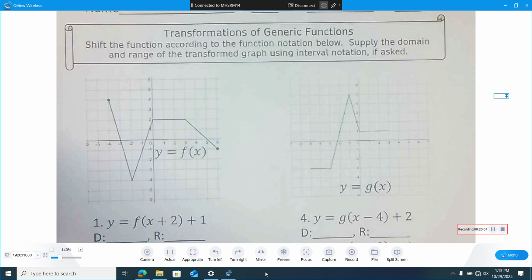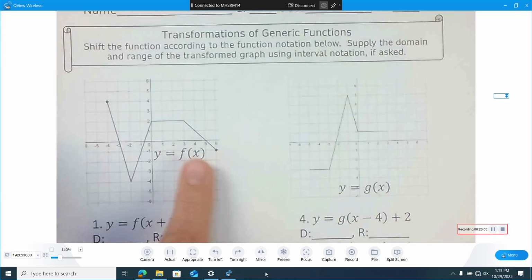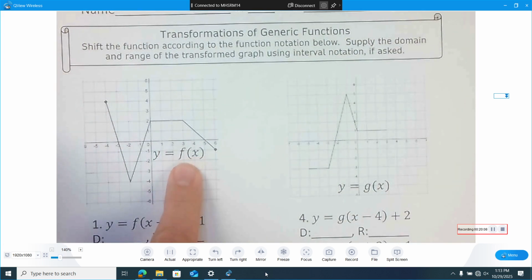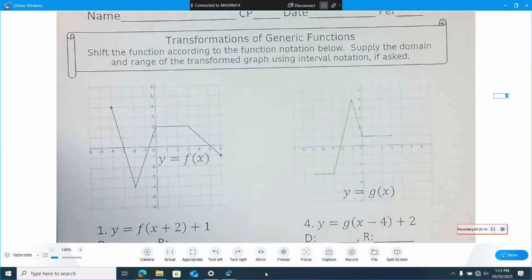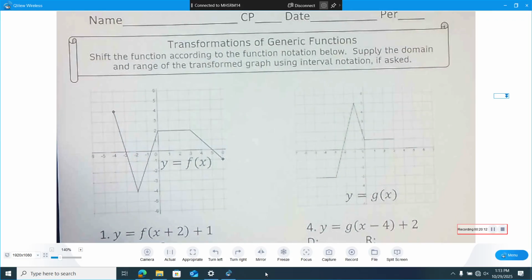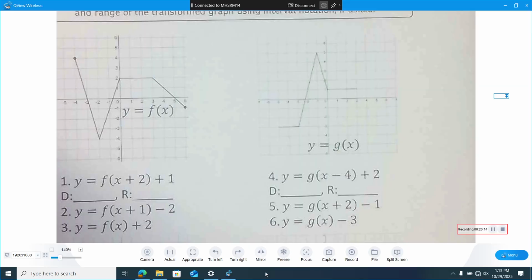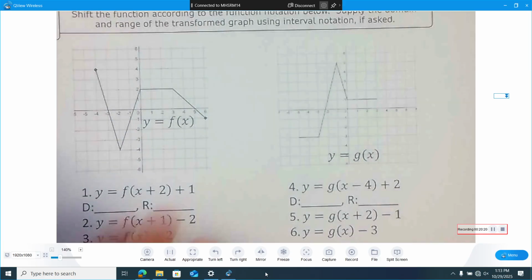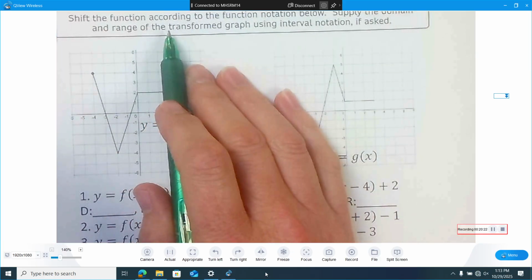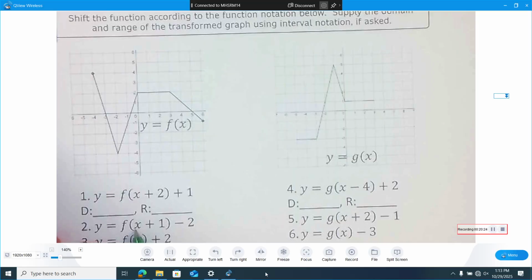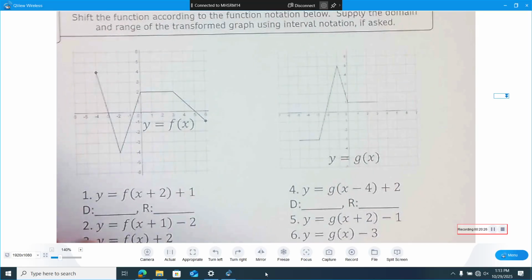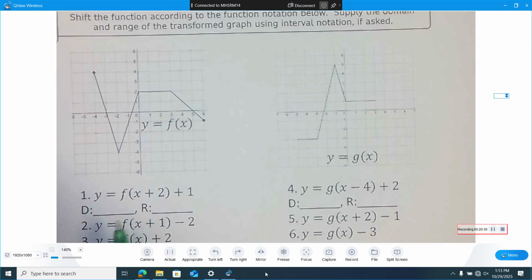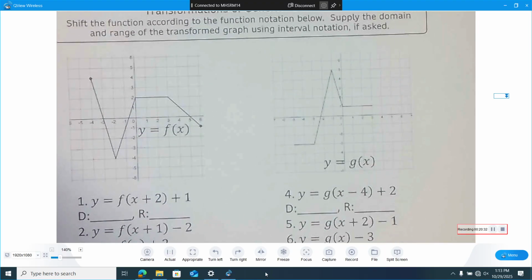What we want to understand is how we use function notation, and we can represent our transformations in the same manner, thinking, is it on the inside or on the outside of our function, and see what shifts here. We want to shift the function according to the notation and supply the domain and range of the asked things here.